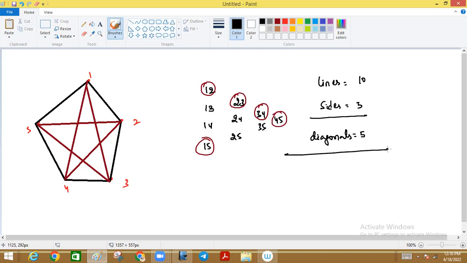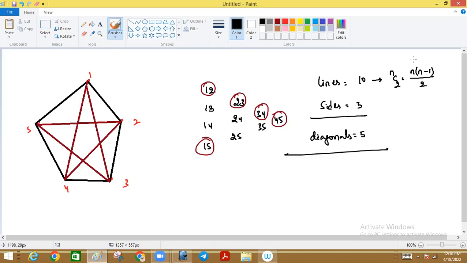Understand? First, I'll give you the formula to find out the lines. If there are n sides or n vertices, you need 2 vertices to form a line. Therefore, the formula is nC2. That is n into n minus 1 by 2.